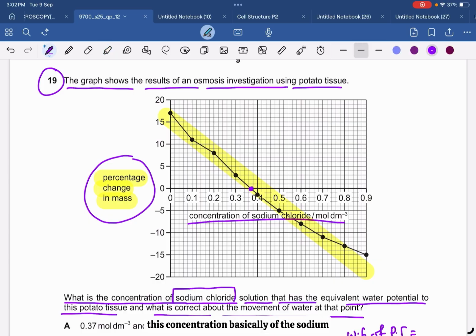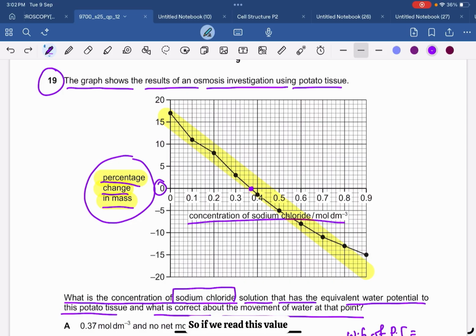So at this concentration of the sodium chloride, the percentage change of the mass of the potato tissue is 0, which means that at this concentration, the water potential of the potato cell is equal to the water potential of the NaCl solution.